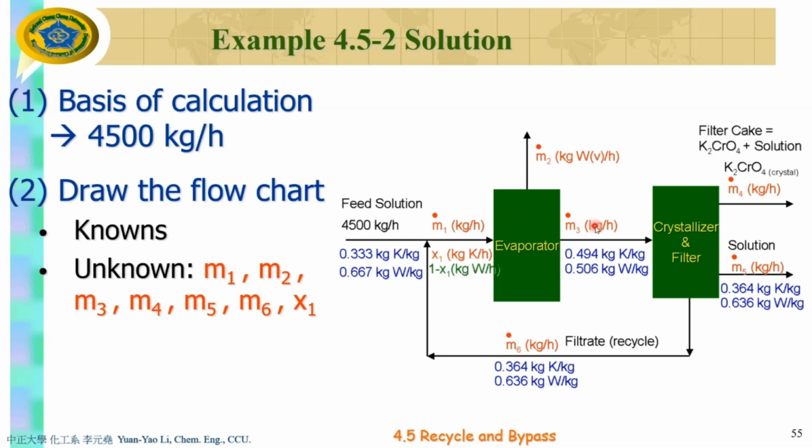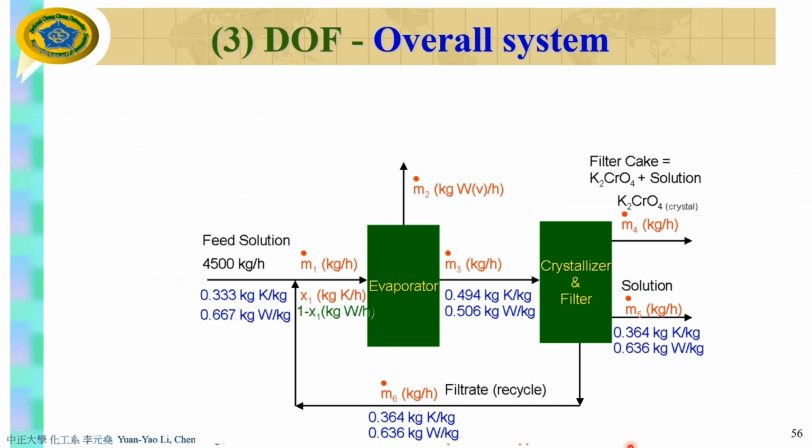There are 7 unknowns. So let's do it systematically. First of all, let's think of the overall system. How many inputs and how many outputs? Anybody want to tell me?